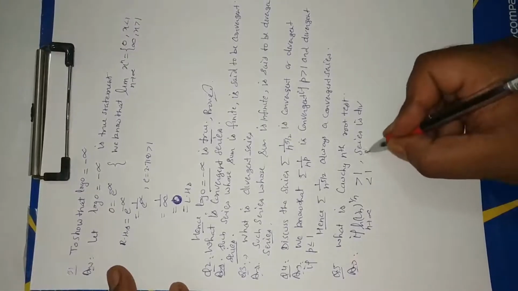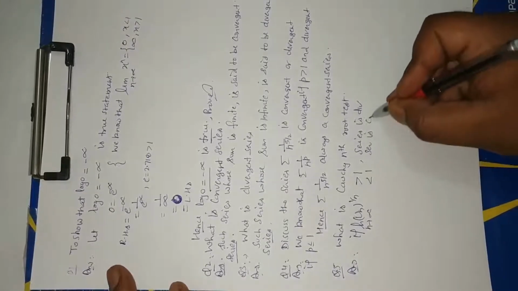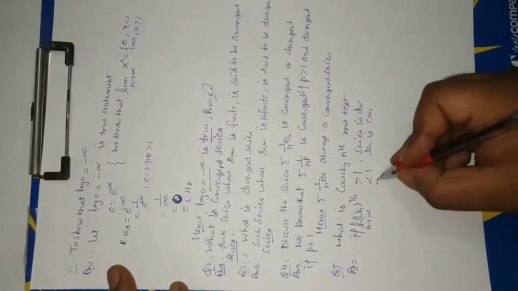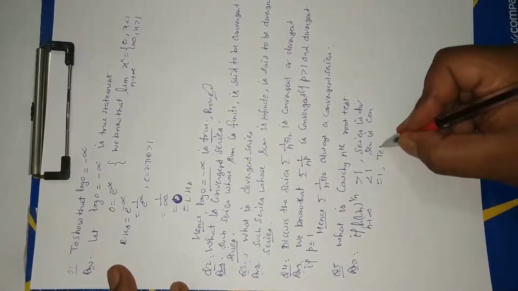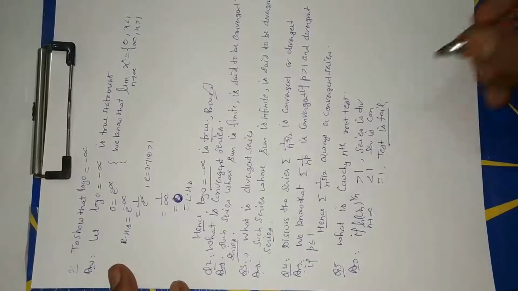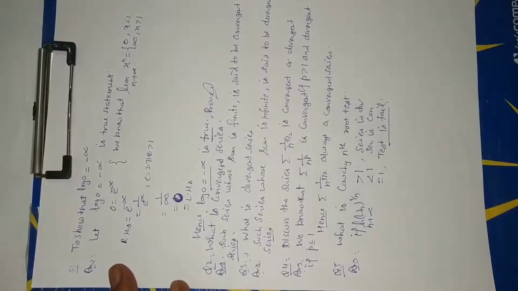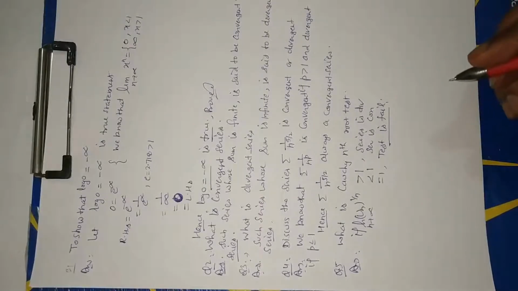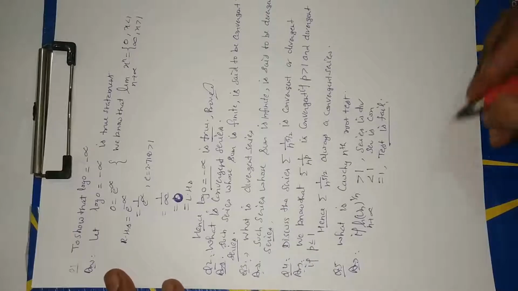Less than 1, the series is convergent. Equal to 1, the test fails. This is the Cauchy nth root test. Radical test is another name of Cauchy's nth root test.